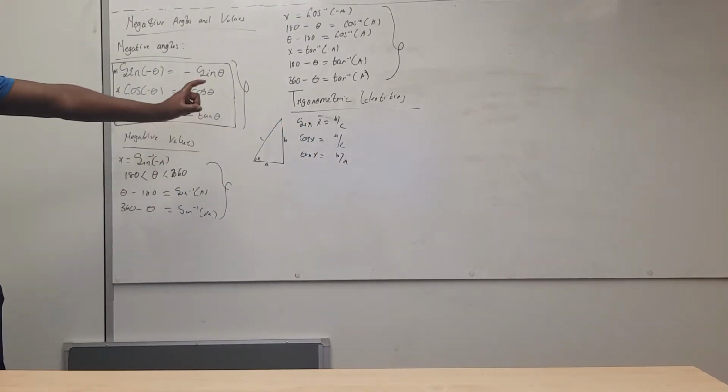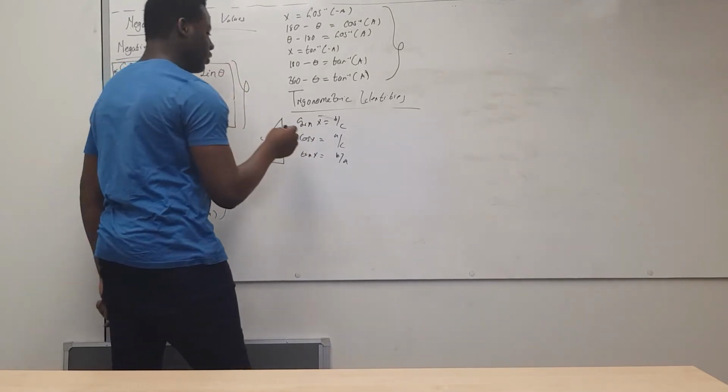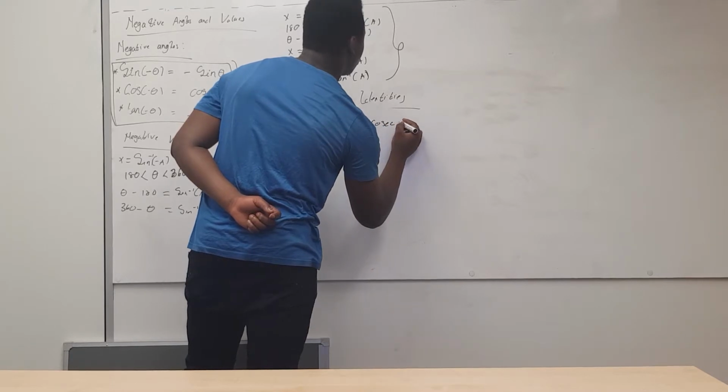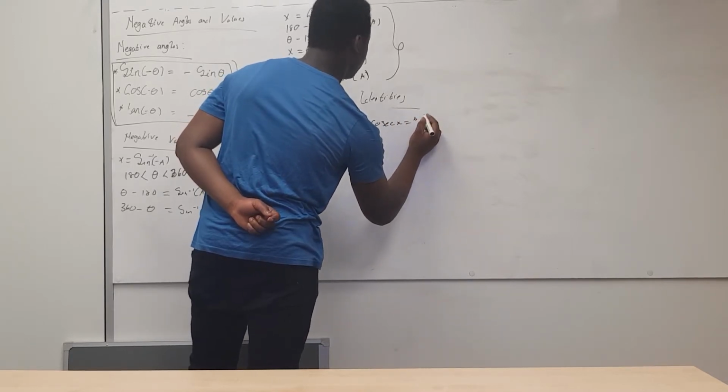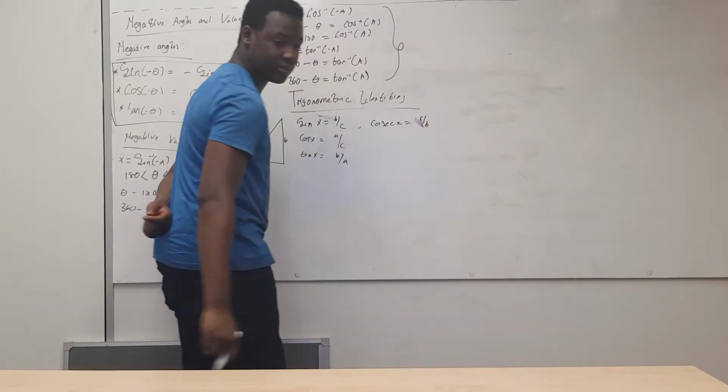So we know these, eh? You also know there are derived functions. Cosec x is equal to the inverse, c divided by b.